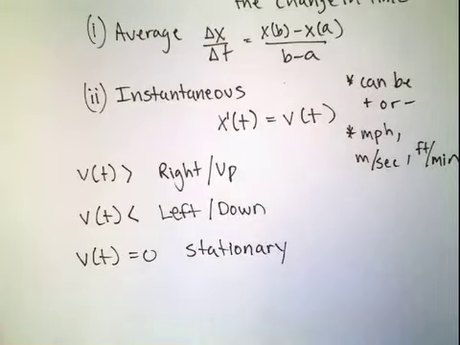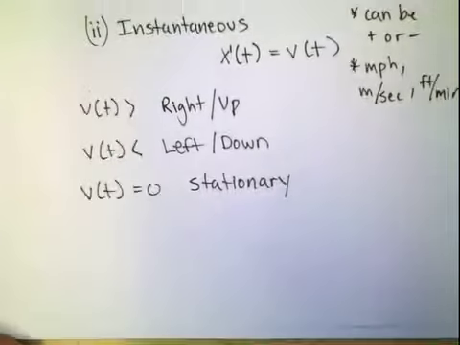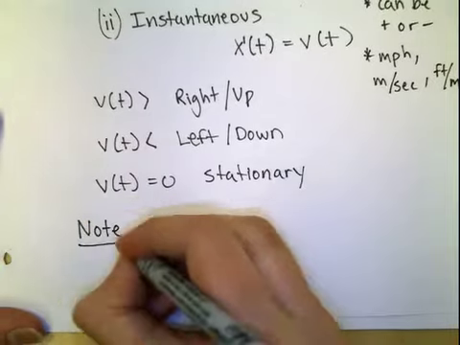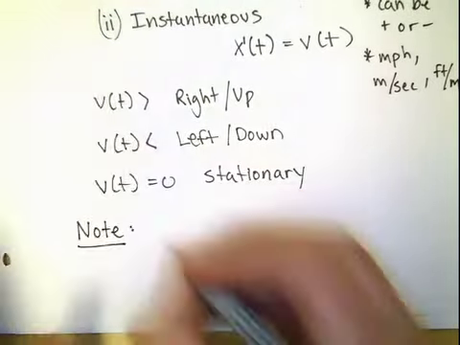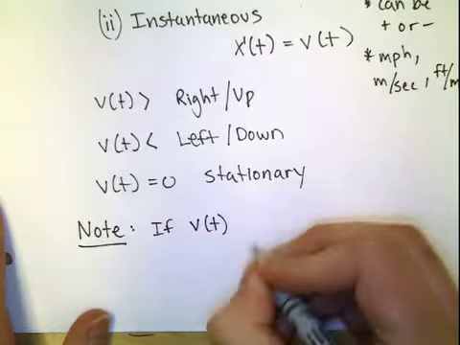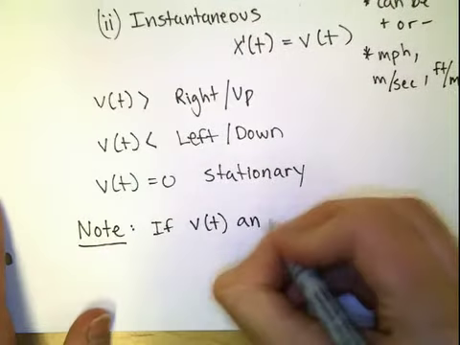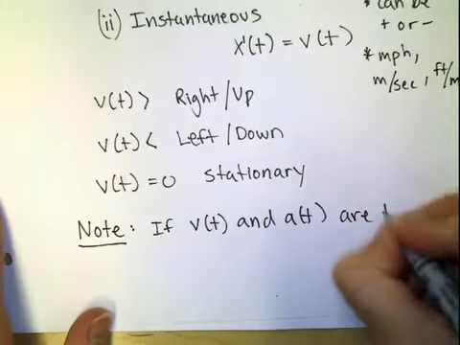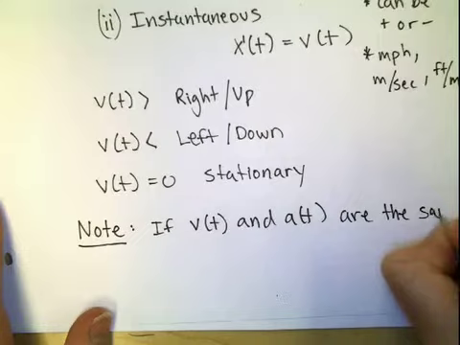If I'm wanting to know if something's speeding up or slowing down, we should make a special note about that. The last packet, you actually had a question about this. So here's our special note. If velocity and acceleration, a of t, are the same, I'm going to underline the word same here.